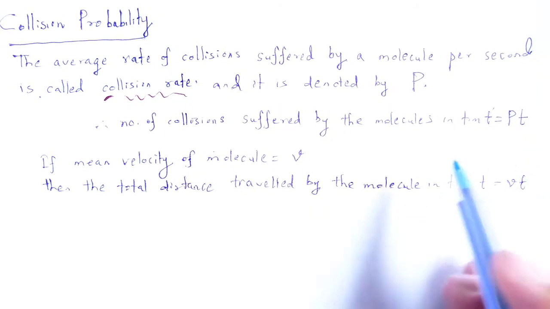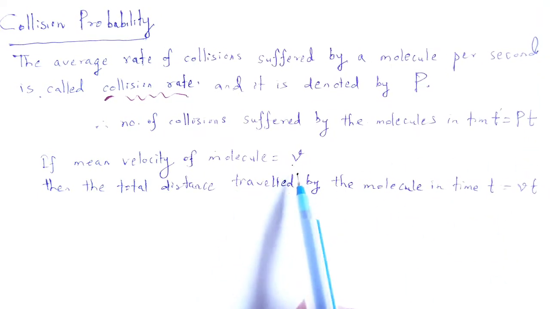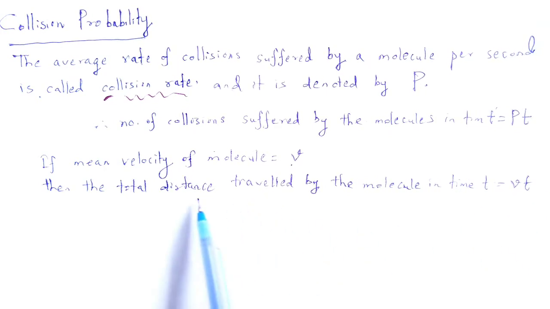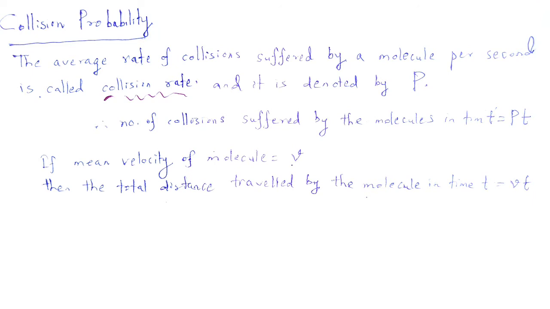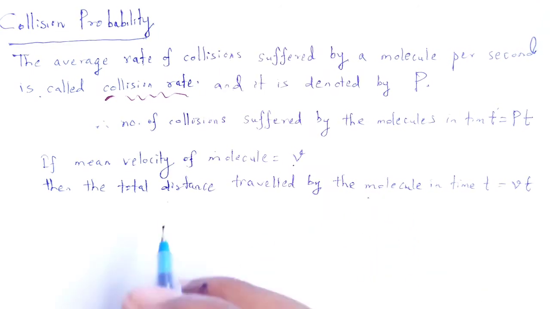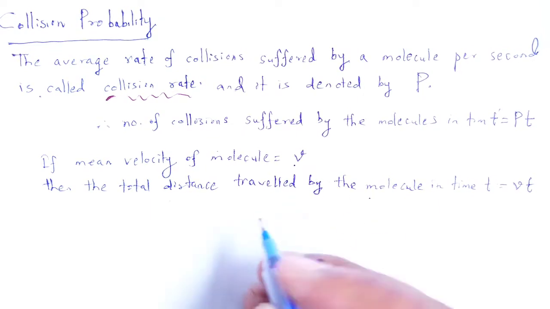Then the average distance travelled by the molecule between two successive collisions is known as the mean free path.